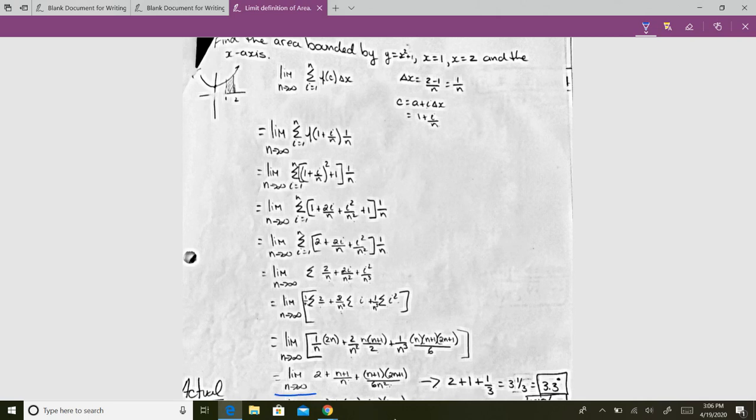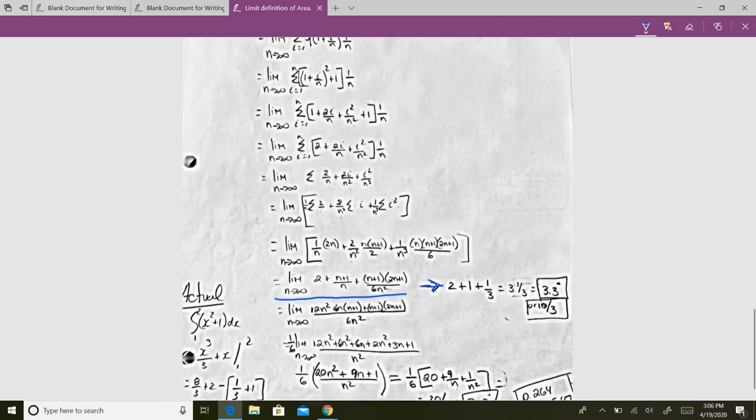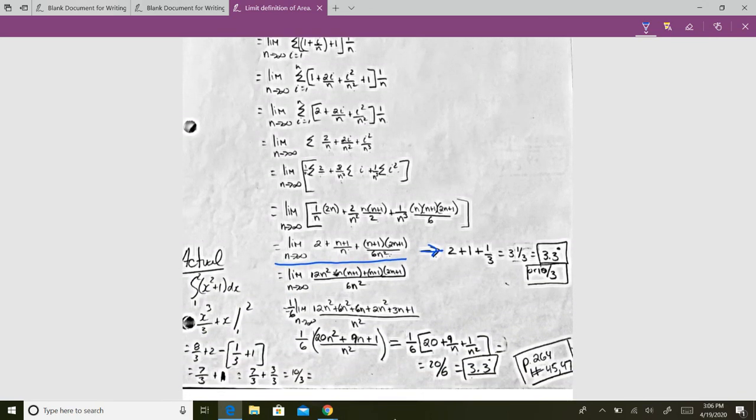Once you get to this point here, you can solve it over here, or you can simplify it a little more, but you end up with the same answer. Don't worry about this, we haven't learned that yet. So there's your answer. It should be 3.3 repeating, or 10 over 3. If you get that, that's awesome.